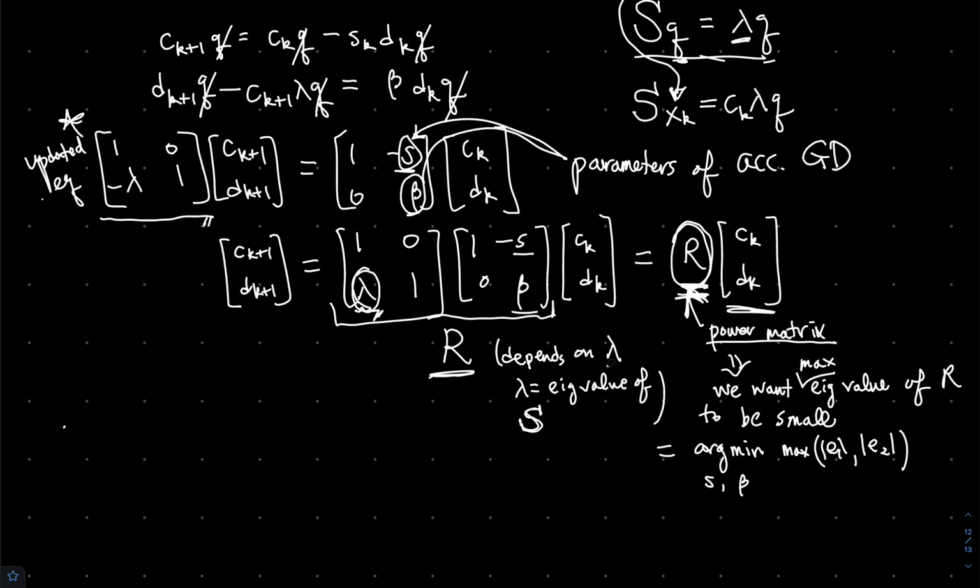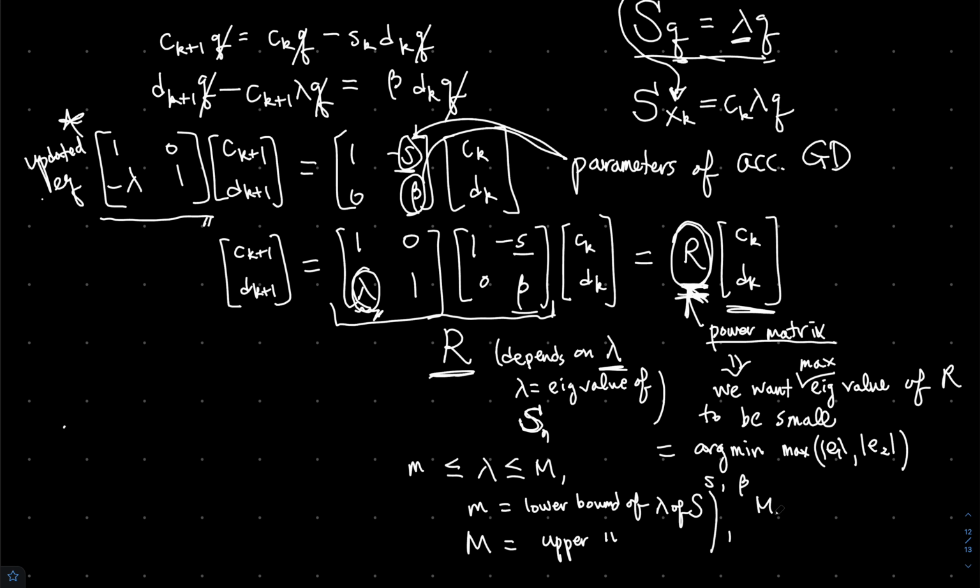Now, this lambda we know should be smaller or equal to large M and larger or equal to small m, where m is the lower bound of lambda of S, large M is the upper bound, and large M over small m is the condition number of S.